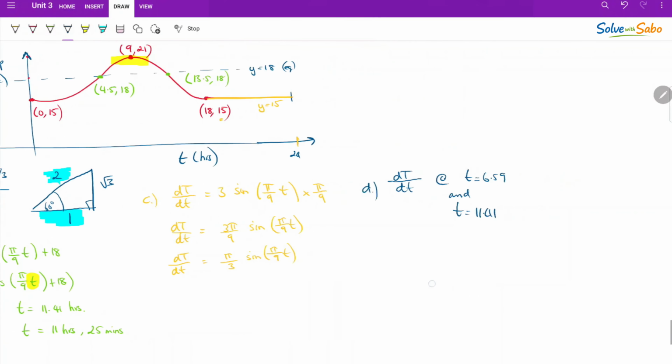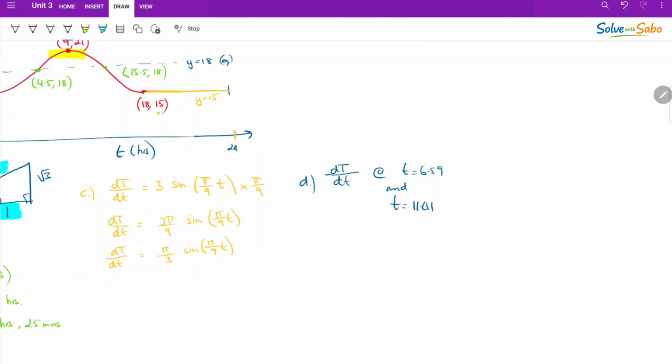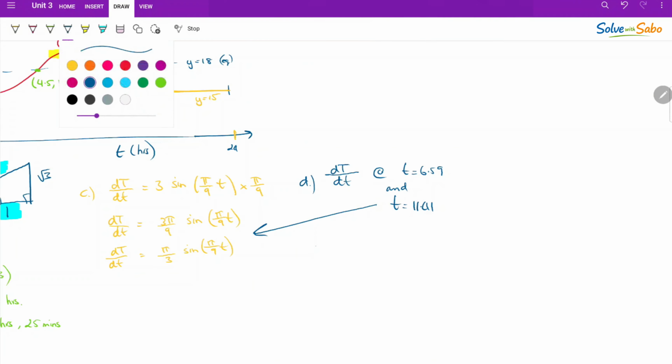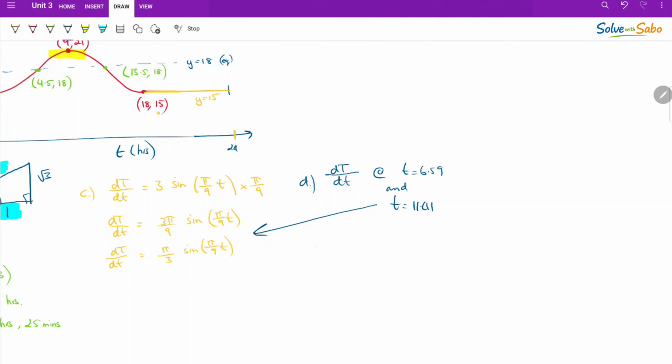Now, clearly, calculator skill question. So all I'm going to go is, what is, and actually there's 2 ways of doing this. If we trust that our derivatives are very good, what we can do is simply substitute these numbers straight into here, which is perfectly fine. So let's have a look at if we did it that way. Let's do the first one that way.